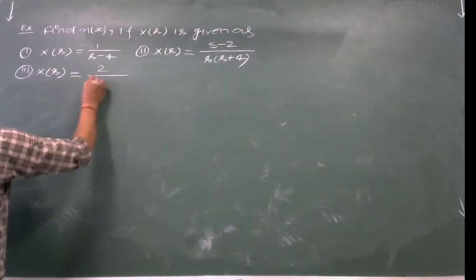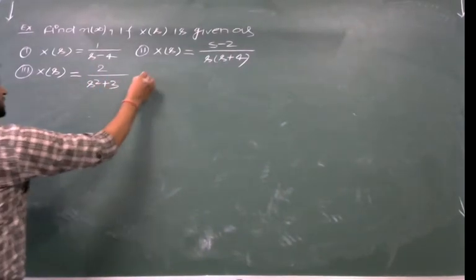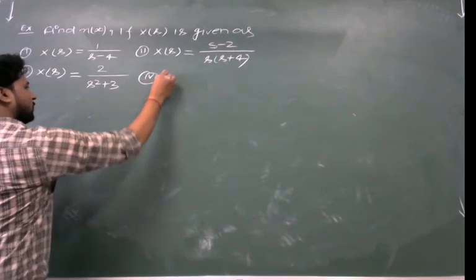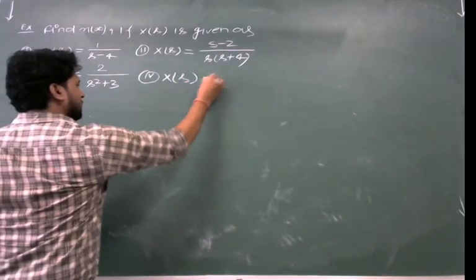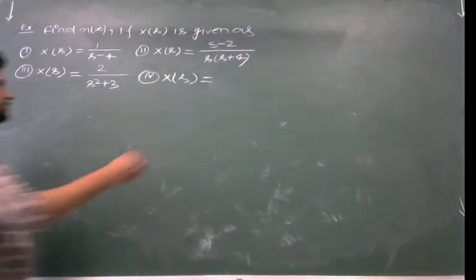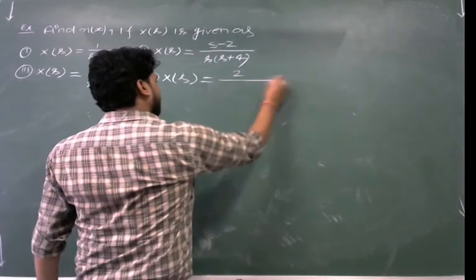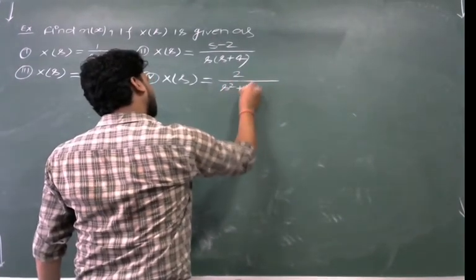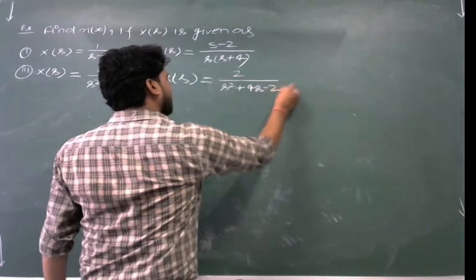And the fourth one says that x of s is equal to 2 upon s square plus 4s minus 2.